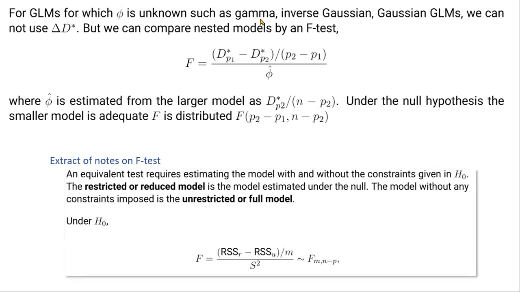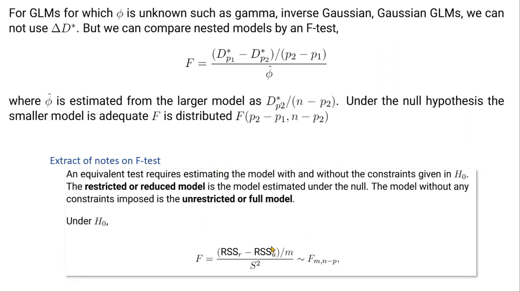It will be unknown for the following members of the family: the gamma, inverse Gaussian, and Gaussian GLMs. In this case, we can't use the change in the scale deviance to test nested models. Instead, we can compare the nested models by an F-test, as we did in the first part of the course, which you can see in the notes.